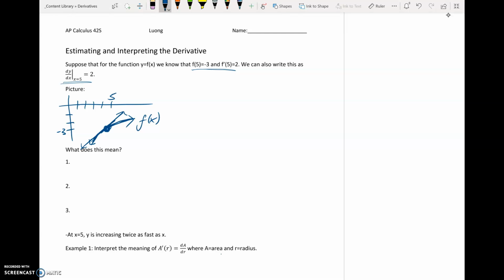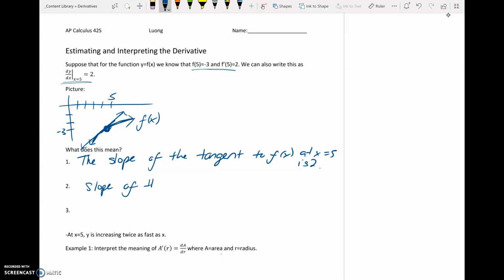So I'm just going to summarize all of this down. The slope of the tangent to f of x at x equals 5 is 2. You could also say the slope of the curve f of x at x equals 5 is 2.